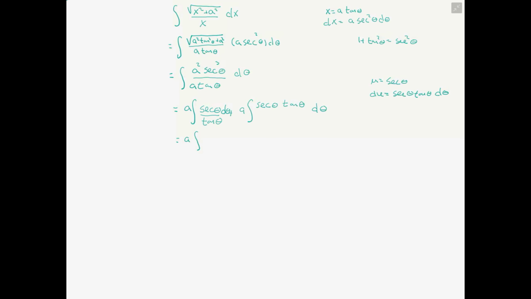So I rewrite both integrals. I recognize the secant of theta is 1 over cosine, and tangent theta is sine over cosine, so I put those into terms of sine and cosine. So 1 over cosine theta, sine theta, and then I have a cosine theta in the numerator, d theta.